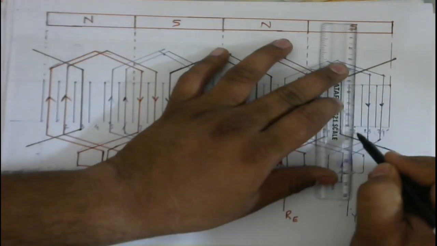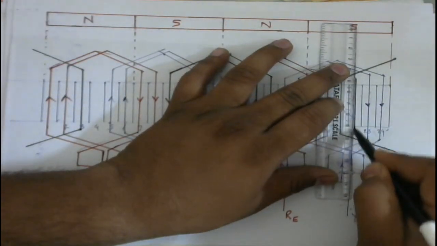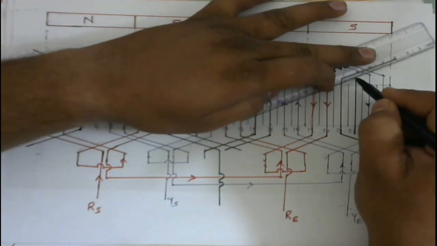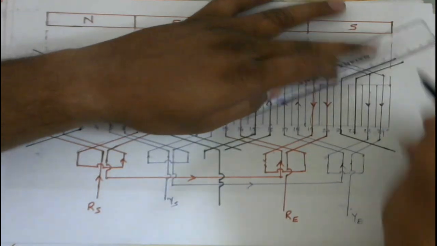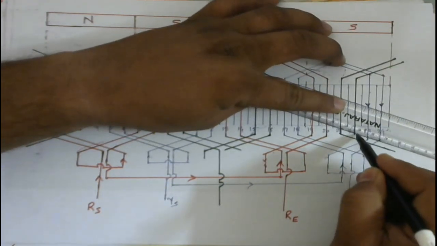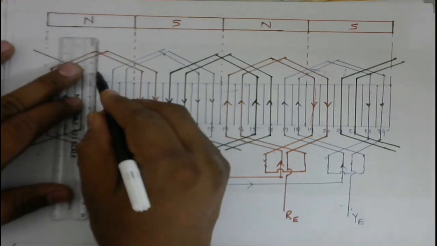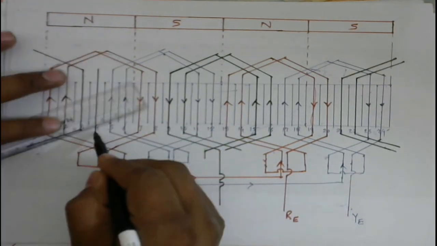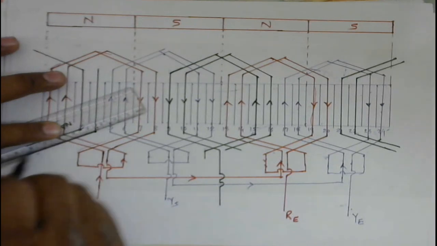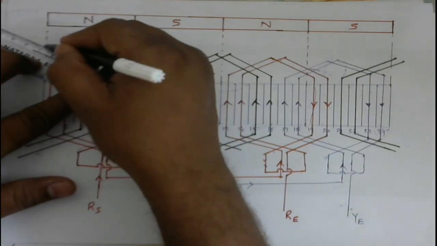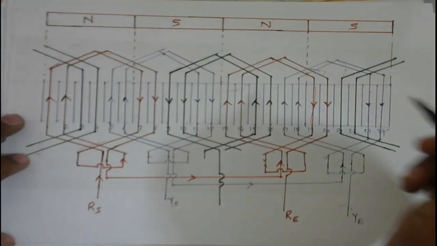Similarly, the second coil from this slot is coming here in the fourth one. So I will name these terminals.